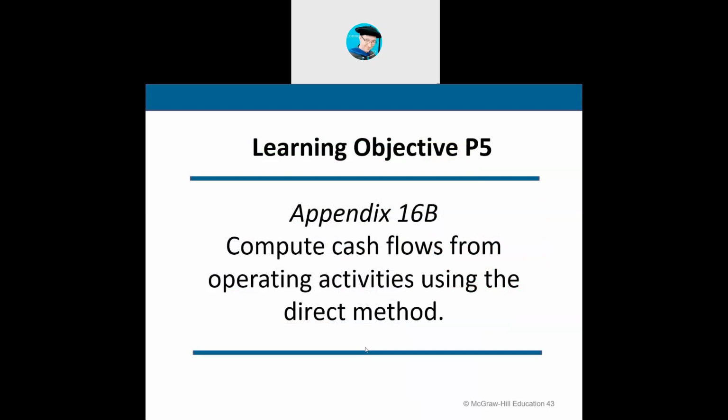We talked about the indirect method at great length, reconciling the net income to the transactions for operating activities using non-cash items. The direct method is so much easier.